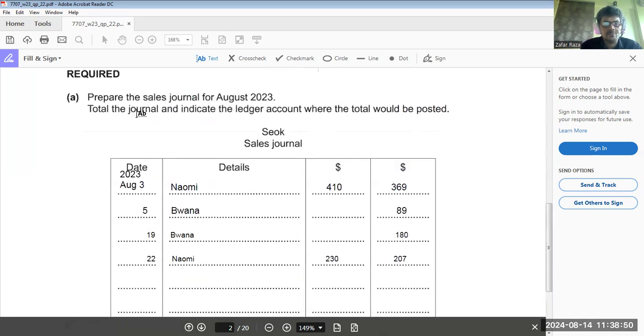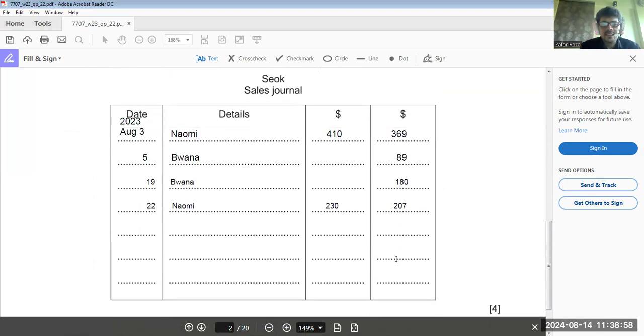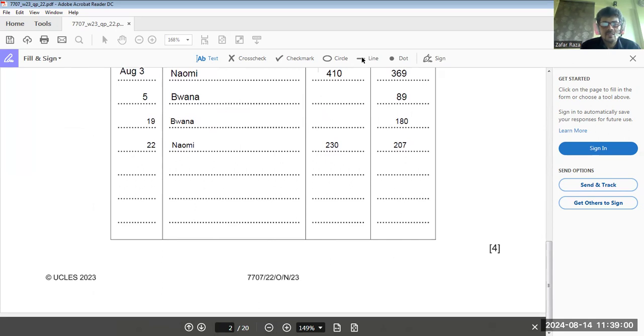Now, we have prepared the sales journal. Total journal indicates the ledger account where the total will be posted. So, what we do on the last day, get the totals here. The last day of August must be 31st.